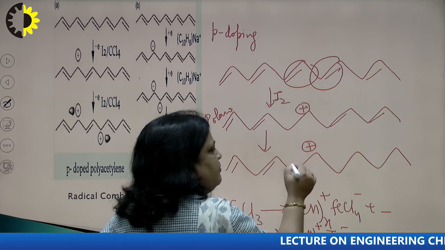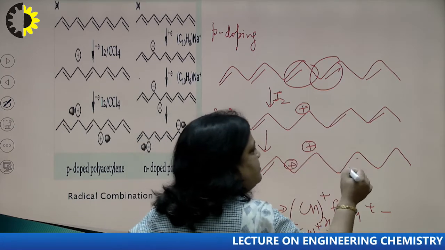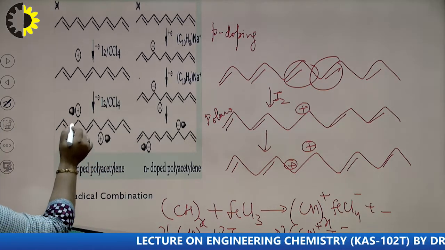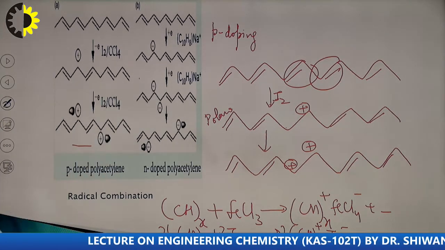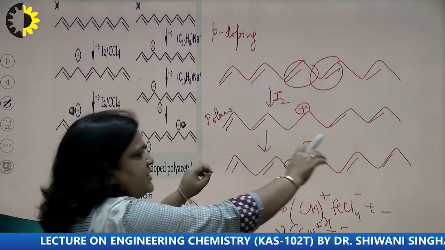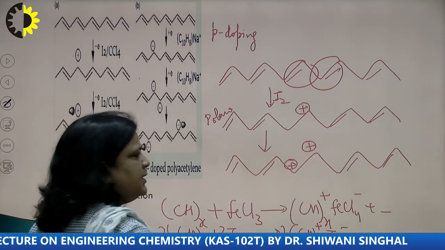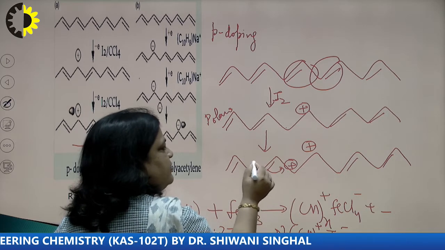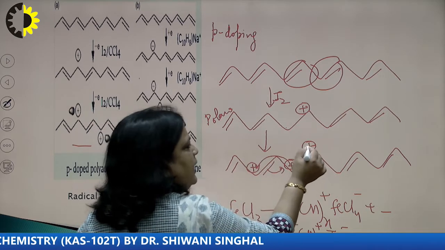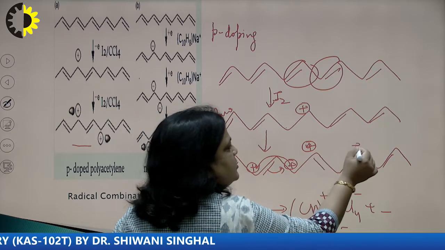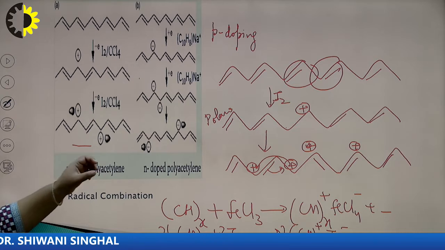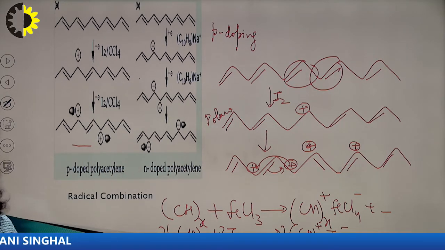So, a bipolaron or bication gets developed. Now, the segregation of charge. Segregation of charge means this positive charge may come here, and the same way this other positive charge will come here. So, simply we can say the segregation of charge.